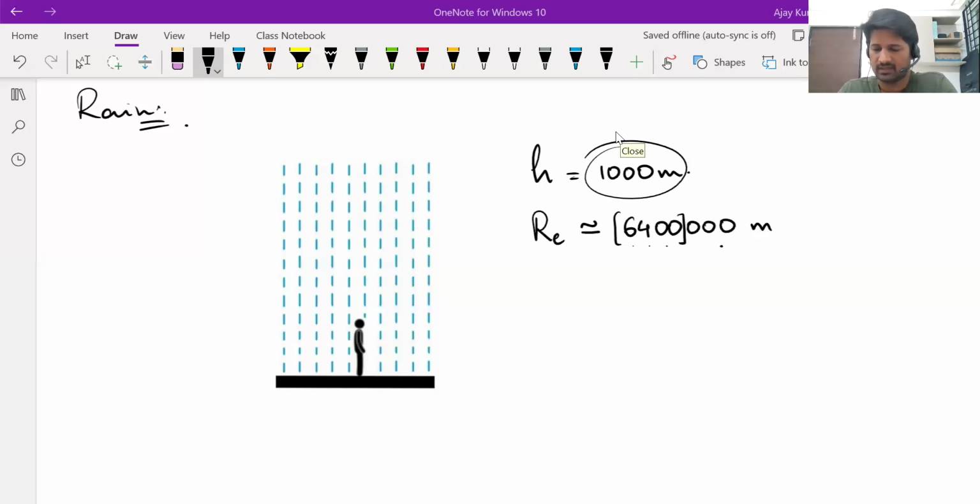Yes, sir. Okay. Raindrops fall from clouds, right? And vertically, they start from rest. So the initial velocity of the raindrop is 0. The height by which it falls is 1000 meters. Acceleration due to gravity is 10 meters per second squared.